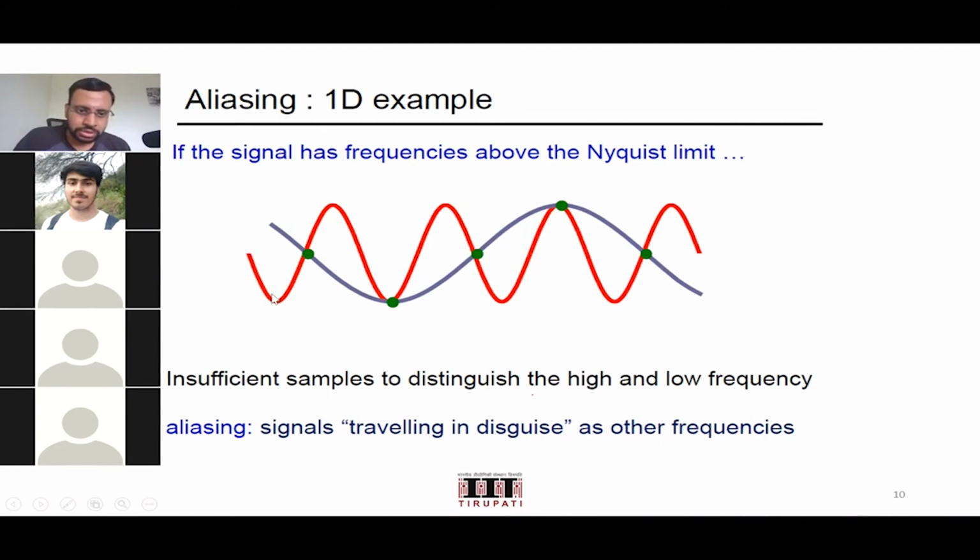Imagine this is one signal, and imagine there is another signal here. How are these two related? Do you see some relation between these two signals? Assume that they extend on both sides with a similar nature.